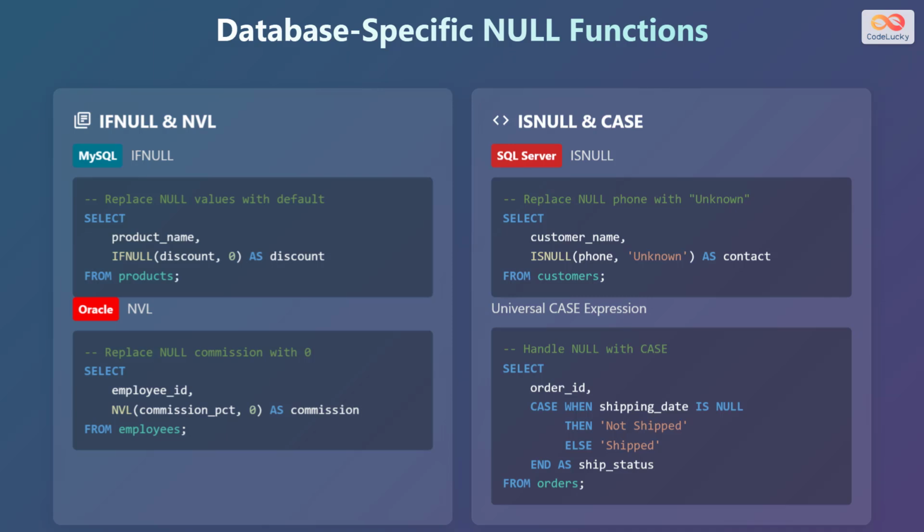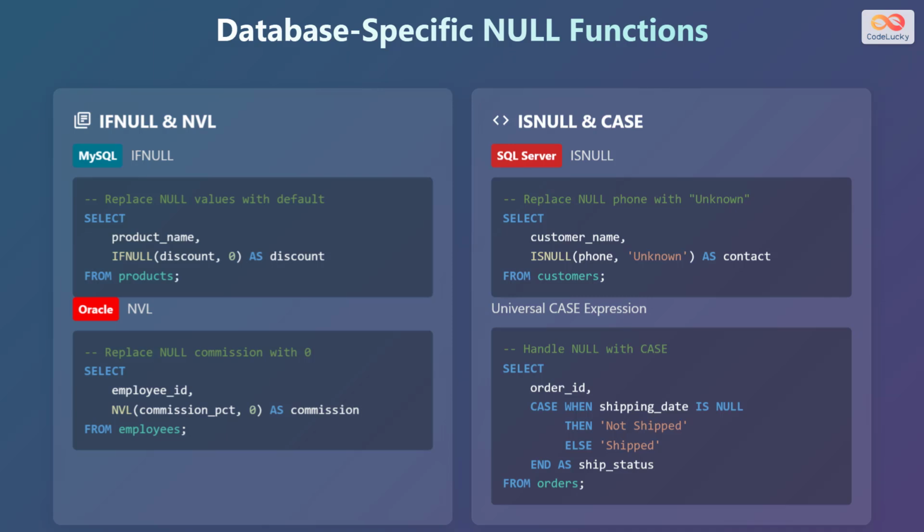Different databases have slightly different functions for handling null values. Let's explore some of these database-specific null functions. First up is IFNULL. IFNULL is used in MySQL to replace null values with the default. Here is an example. Select product_name, IFNULL discount, 0 as discount from products. Next up is NVL.